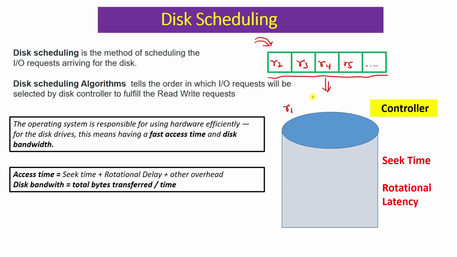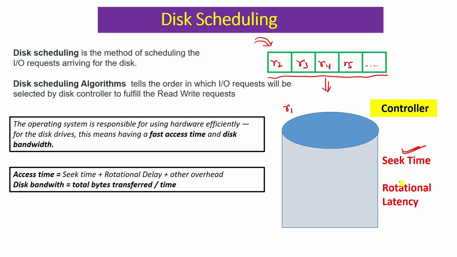So basically we have to select the request from this request queue in such a way that we can minimize the seek time. What is seek time? We have already discussed: seek time is the time it takes for the read write head to move to the desired track. Seek time is greater than rotational latency.